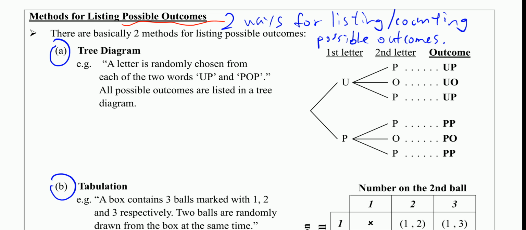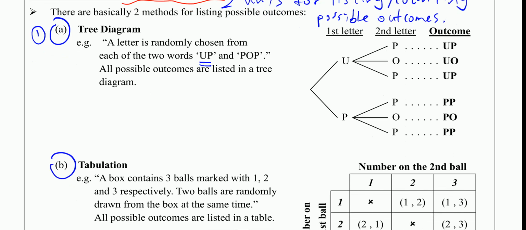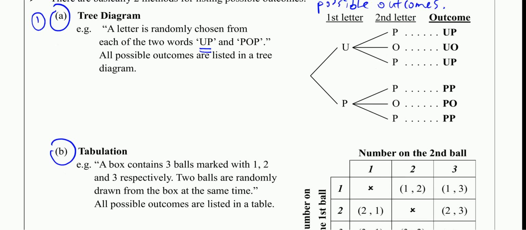Okay, so let's start. First of all, method one is the tree diagram. This time I will make use of the examples here. I want to choose the alphabet from the word "pop", and consider all possible outcomes.